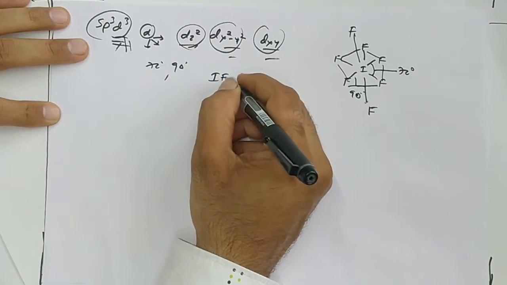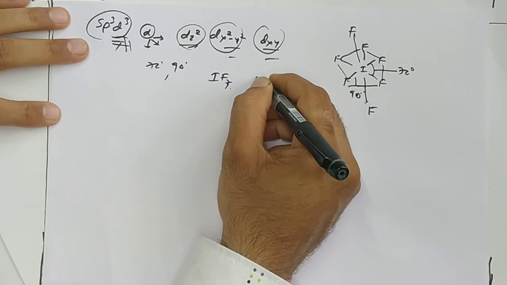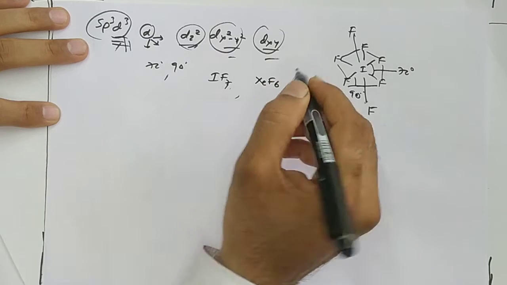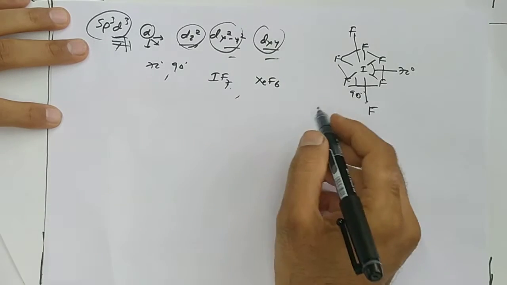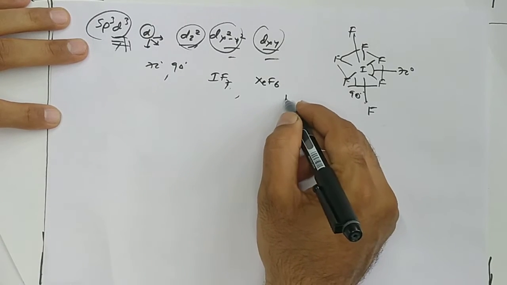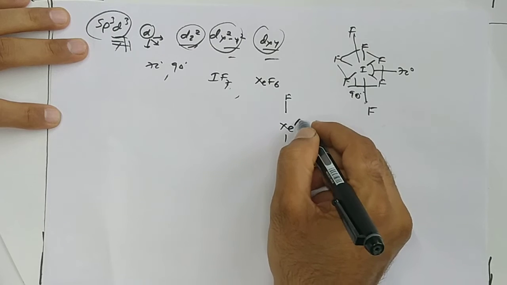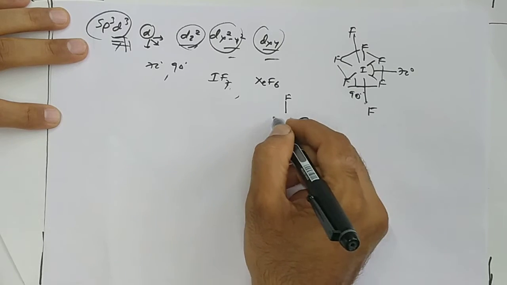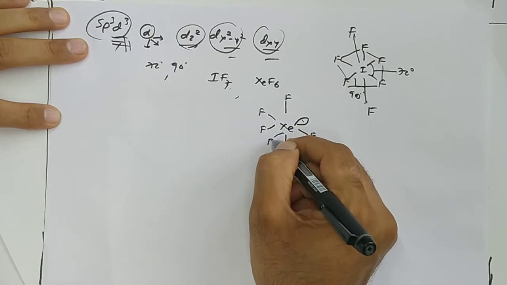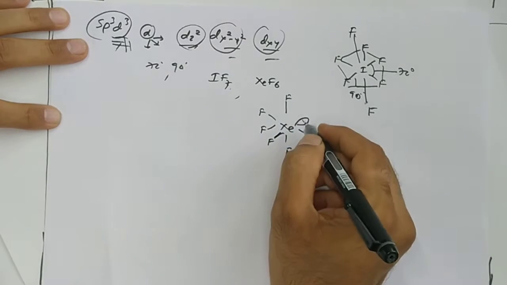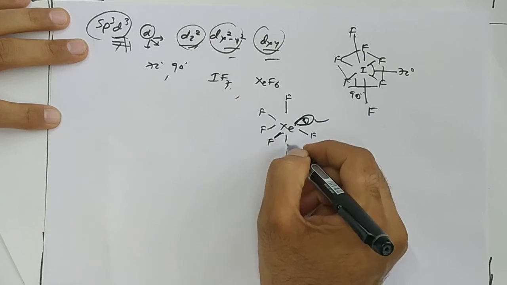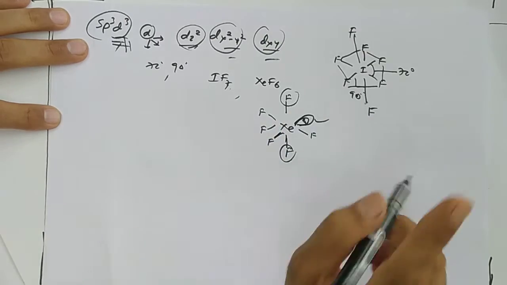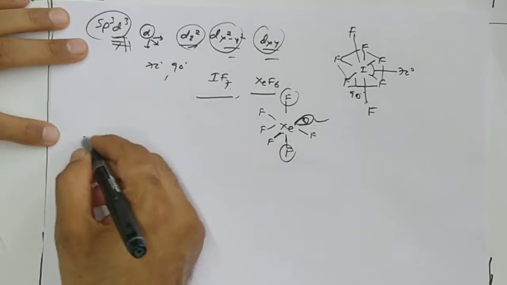Example of it is IF7 and XeF6. In XeF6, xenon with fluorine 6: 1, 2, 3, 4, 5 and 6. One lone pair here comes in an equatorial position, not on the axial position. Remember.